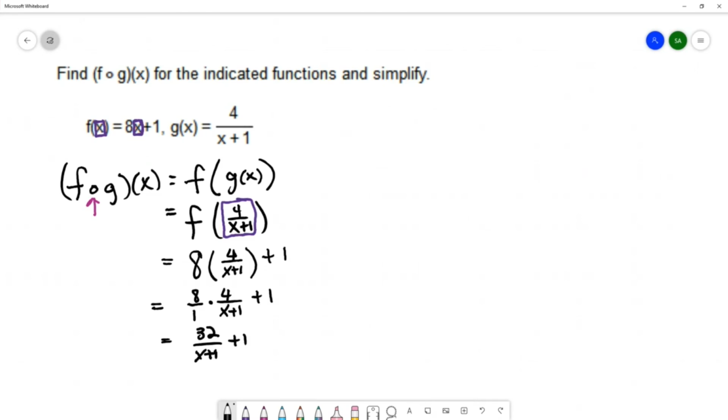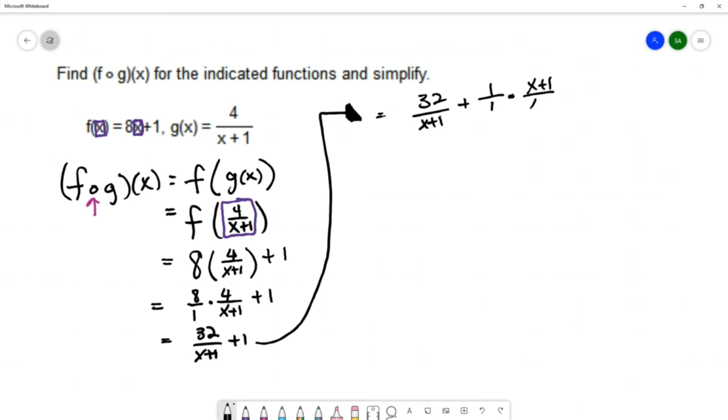Now we're going to take it a little bit further and simplify this to be a single fraction. We have 32 over x plus 1, plus 1, and we treat 1 as 1 over 1. To get a common denominator, we multiply by the other denominator, x plus 1 over x plus 1. That gives 32 over x plus 1 plus x plus 1 over x plus 1.